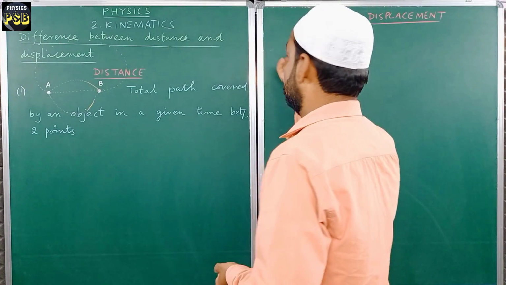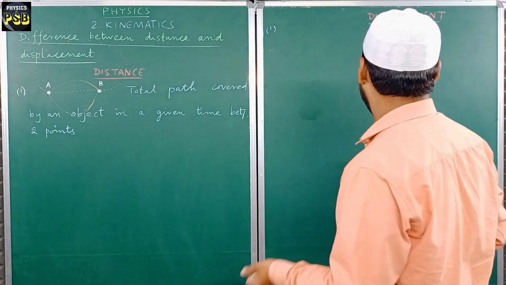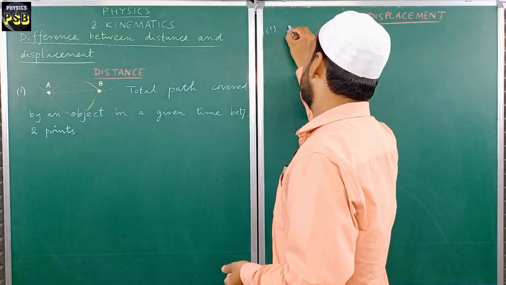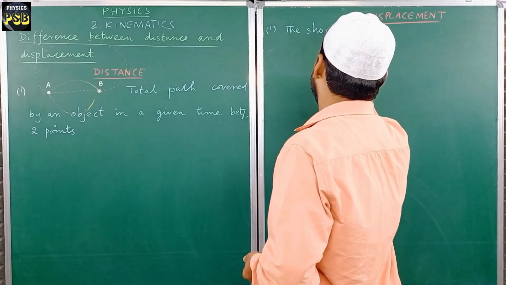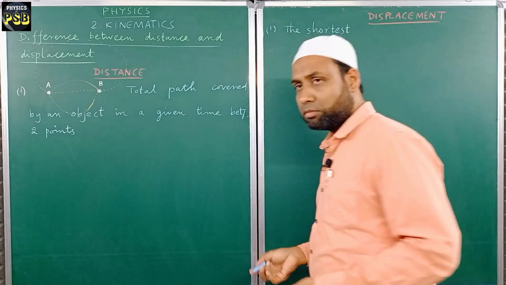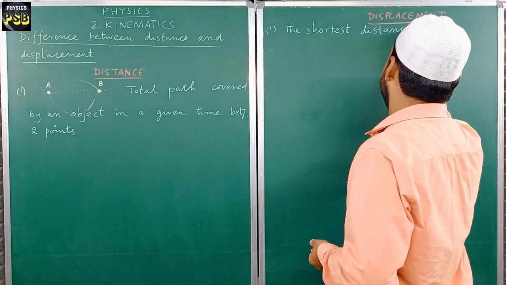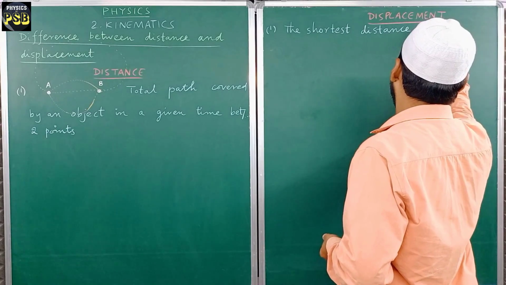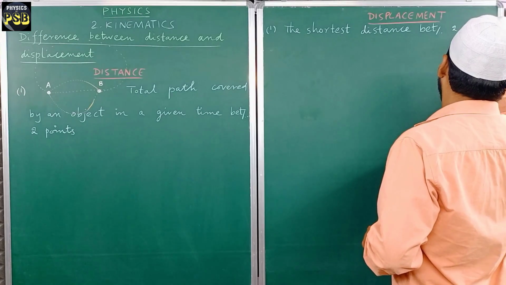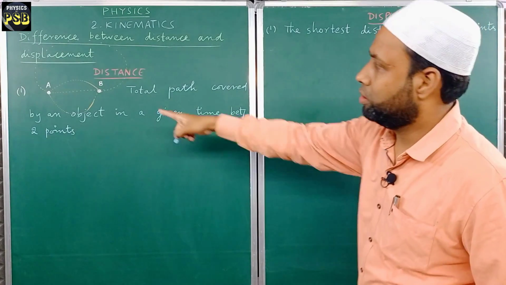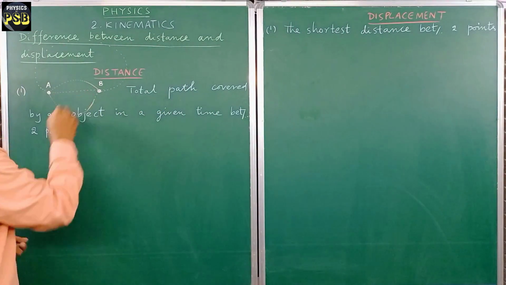Okay, so the displacement is nothing but the shortest path or shortest distance between 2 points. Okay, in our case, this represents displacement.